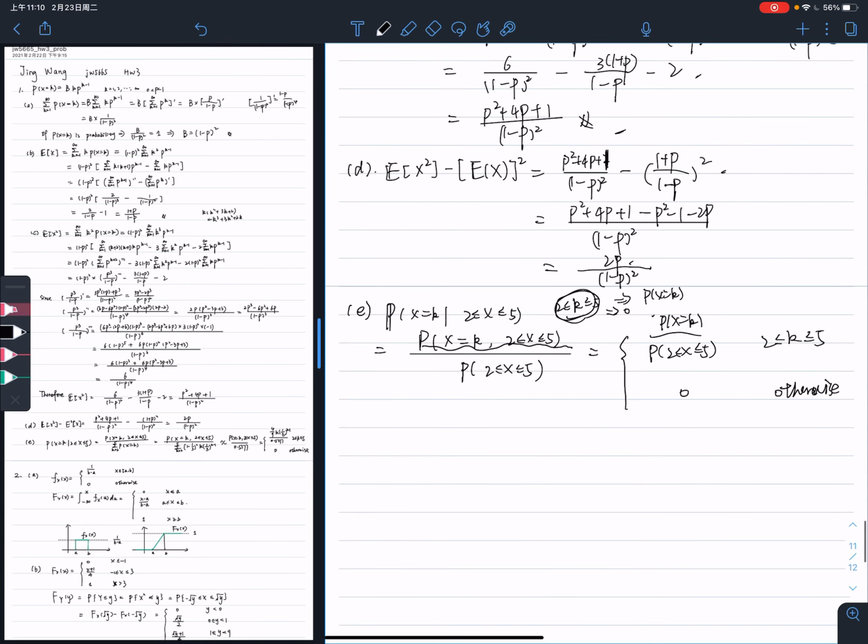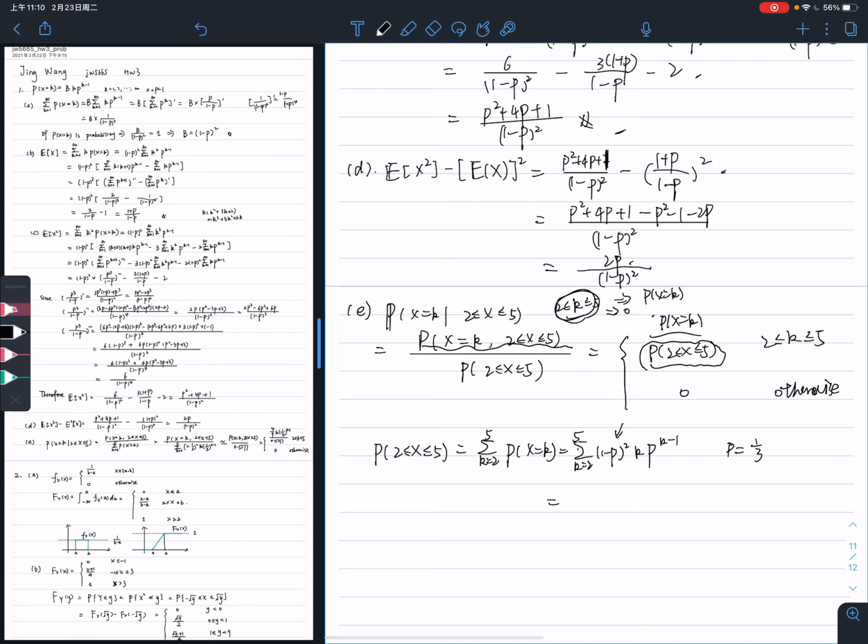So now we want to get the value of this probability. So P(2 < X < 5) is equal to the sum of k from 2 to 5 of the probability of X equals k. So it is the sum over k of (1-p)^2 times p^(k-1)... So p is equal to 1 over 3.